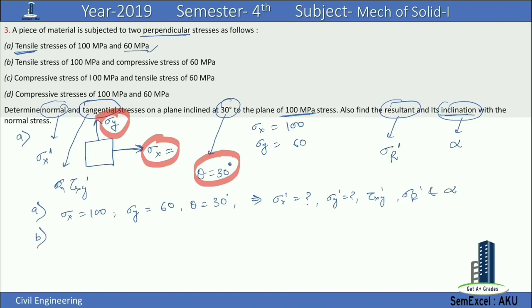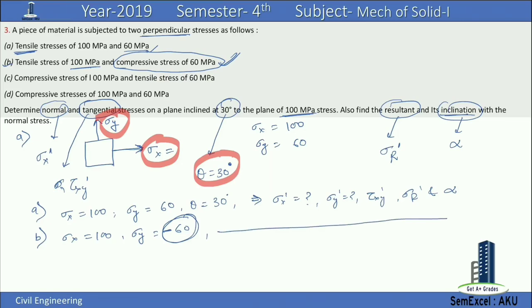In question number 3b, sigma x is tensile, so we write 100 MPa, and sigma y is compressive. Please note sigma y is a compressive stress, so we will write sigma y is equal to minus 60. This is very important, and we have to find out all the required answers.